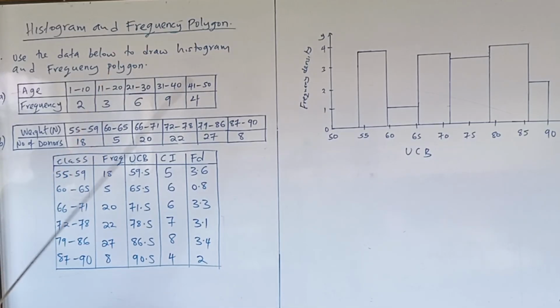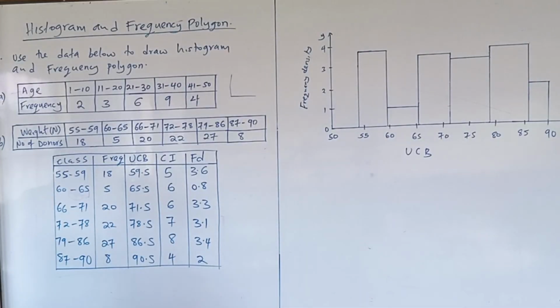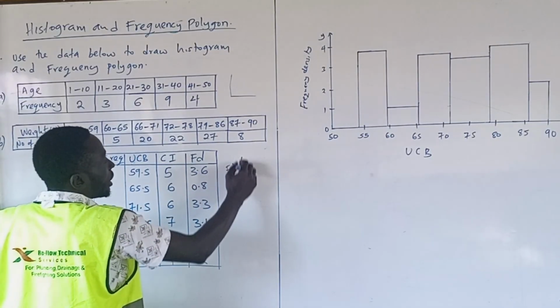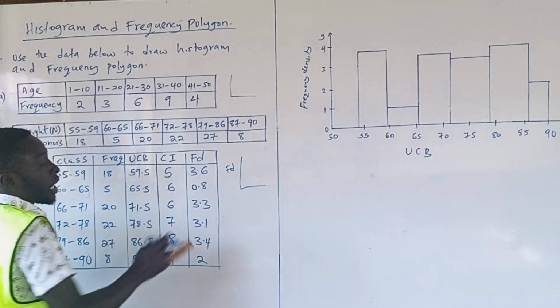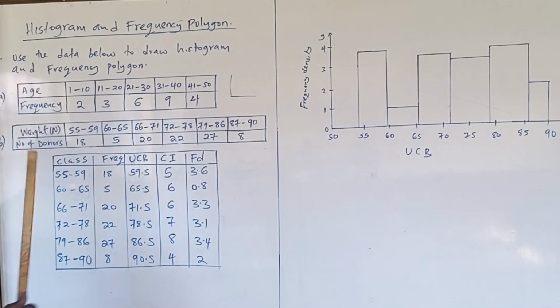So if the class interval is the same, you use frequency against upper class boundary. But in example B, the class interval is changing. So if the class interval is changing and you want to draw a histogram, then you will draw frequency density against upper class boundary. So you need to get frequency density.